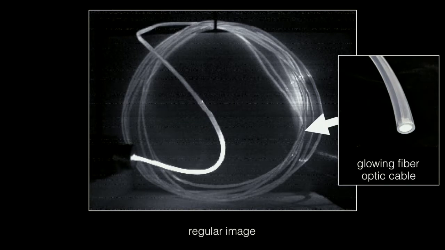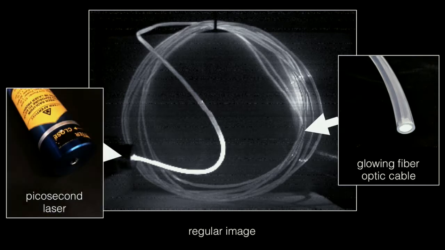And I'll show you some examples of an experimental SPAD system that we built in the lab. So in this case, we have a simple glowing fiber. It's just an optical fiber. So you send light in on one end, it comes out on the other end, but along the way, a couple of these photons will actually scatter out on the side. We couple a laser on the side here. It sends pulses of light at a certain repetition rate into the scene, and then using our system, we can basically capture how these light pulses propagate in the scene.